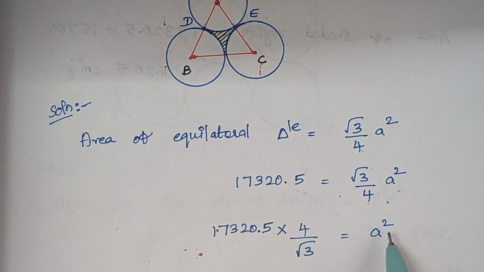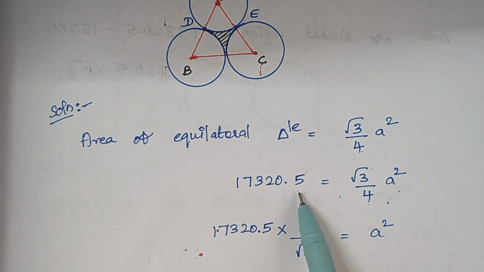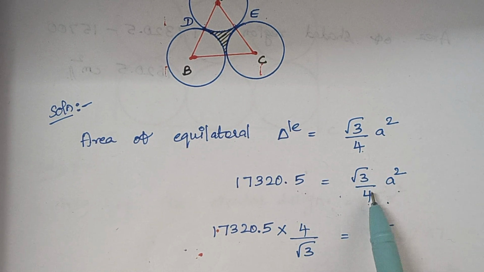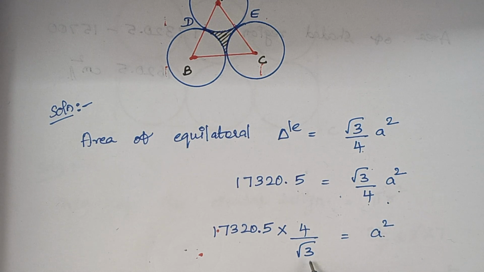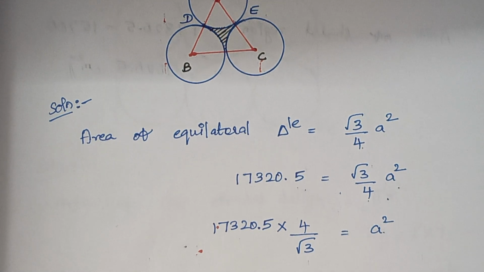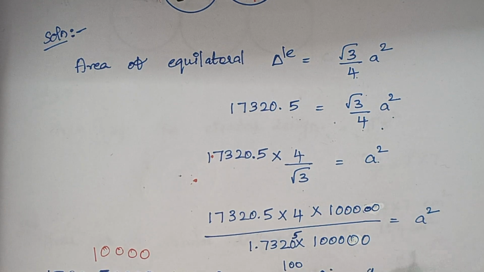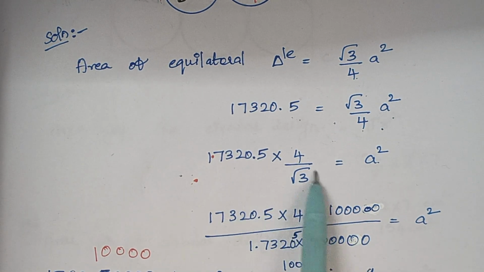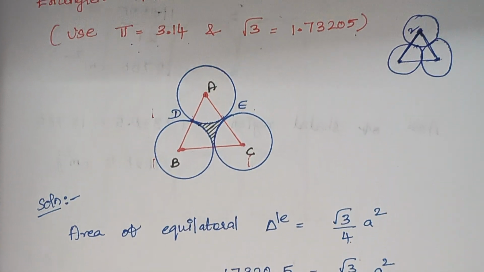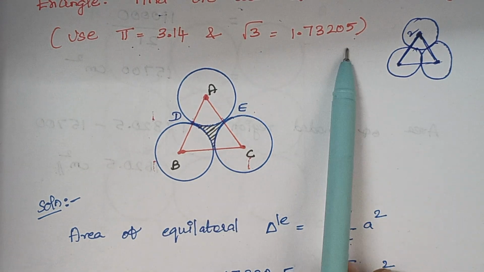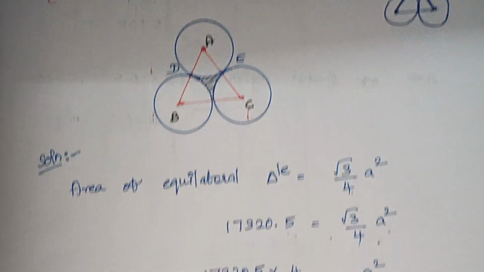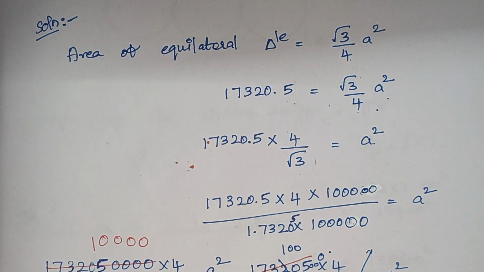So I am keeping a square as such, and moving root 3 by 4 to the left hand side. Whenever it is moved to the left hand side, it becomes 4 by root 3, right? In the place of root 3, it should be taken as 1.73205, as mentioned in the problem.